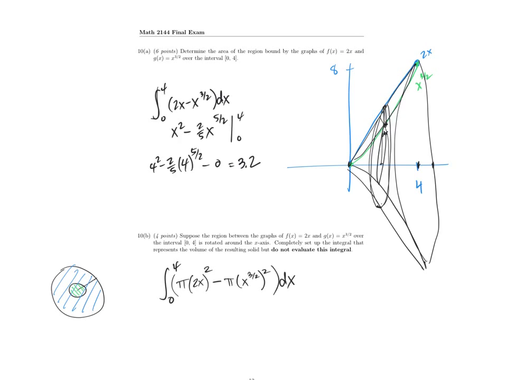It says I want to set up the integral, but do not evaluate. And so there it is. This here is the area of that blue disk, and I'm subtracting off the area of that green disk, pi r squared. That would be the area of this blue washer minus the green. And then I want to multiply that whole area by the width of my washer, which is a dx. And I'm going to add all those up from 0 to 4.